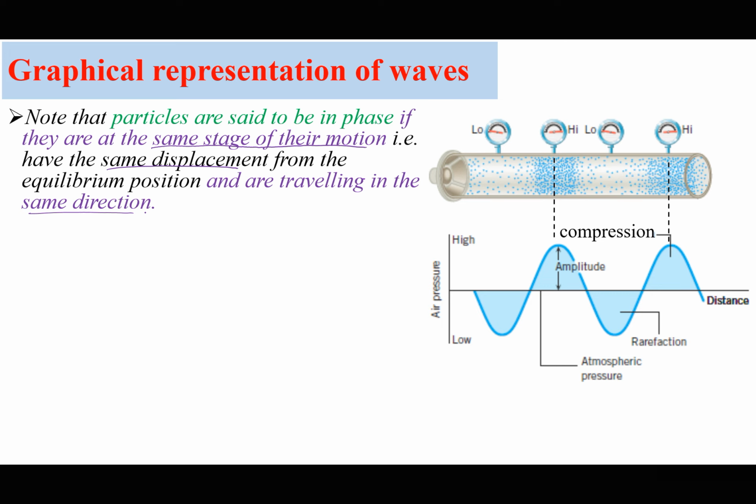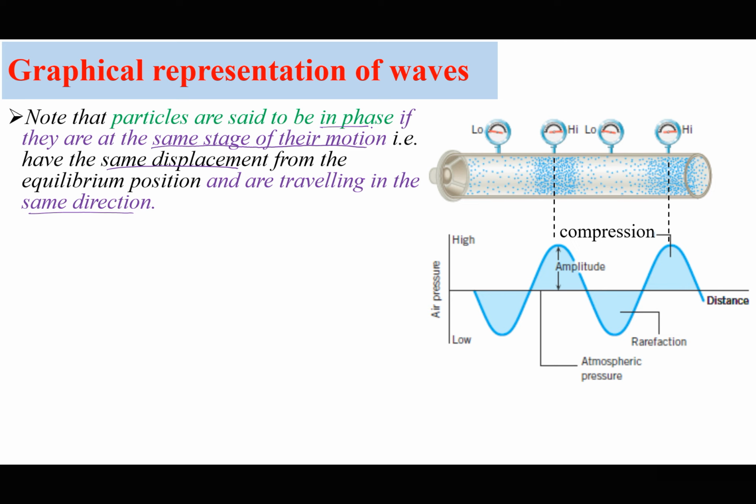So if particles are vibrating upwards, two adjacent particles should be vibrating upwards and they should have reached the same stage of their motion. In other words, they have reached the same displacement from the equilibrium position and are vibrating in the same direction. We shall say those particles are in phase. That's why I say the distance between two adjacent particles that are in phase.